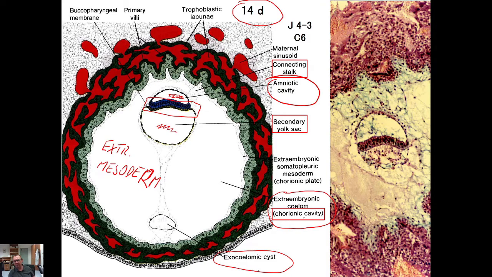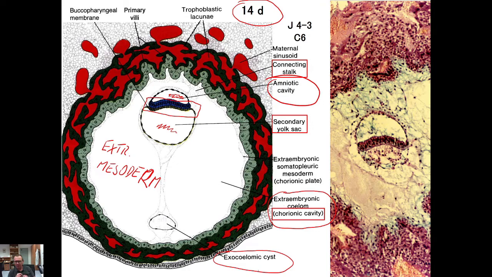So extraembryonic coelom or chorionic cavity is a new cavity which is developing at the end of the second week and which is situated between two sublayers of the extraembryonic mesoderm.